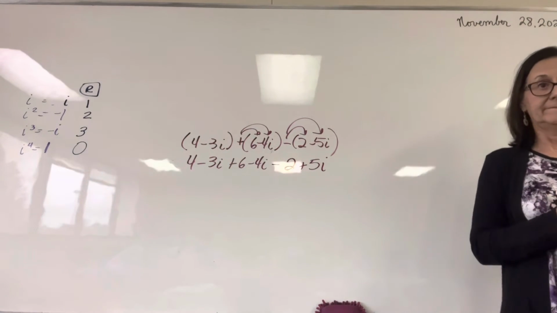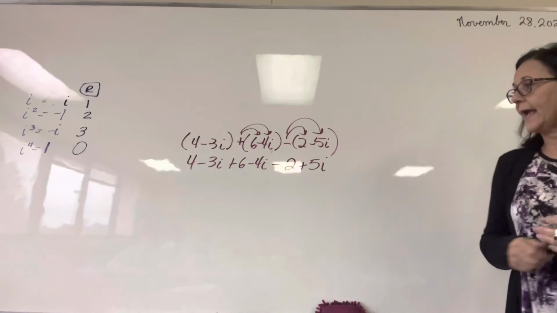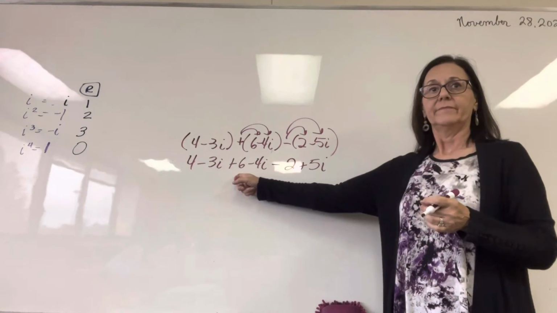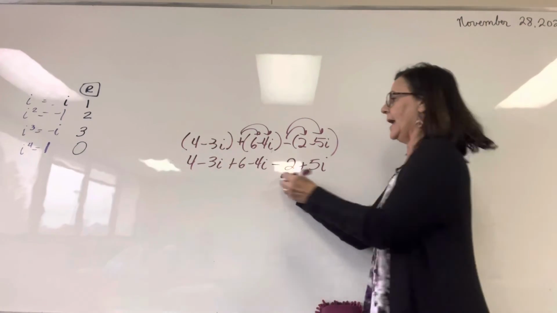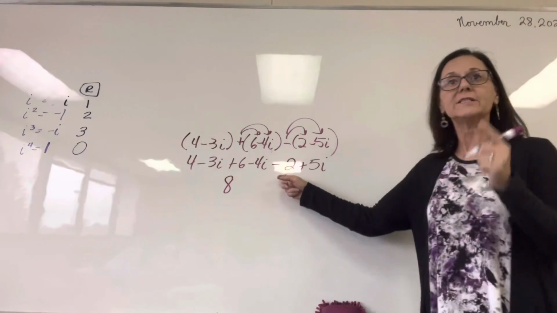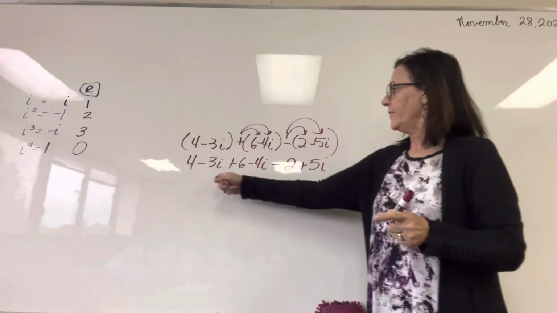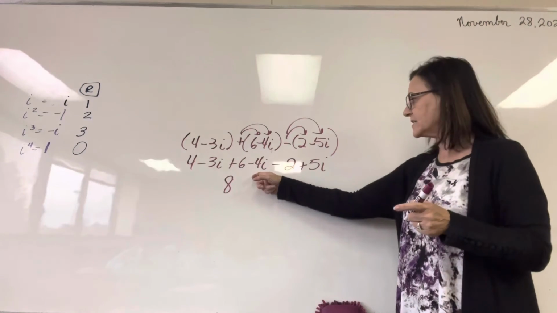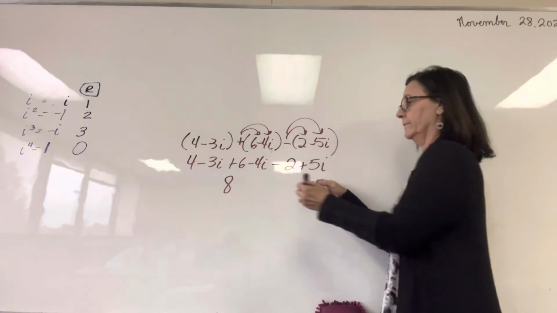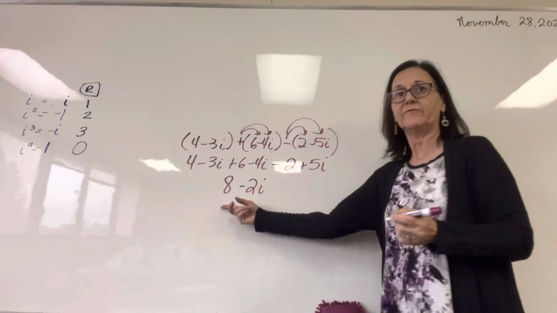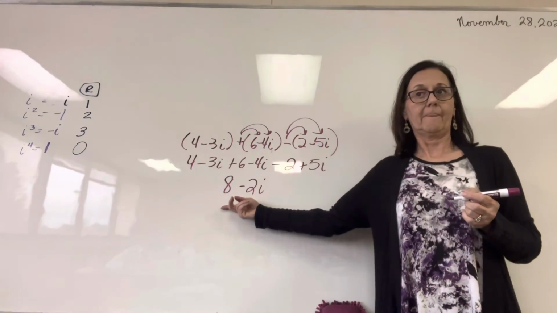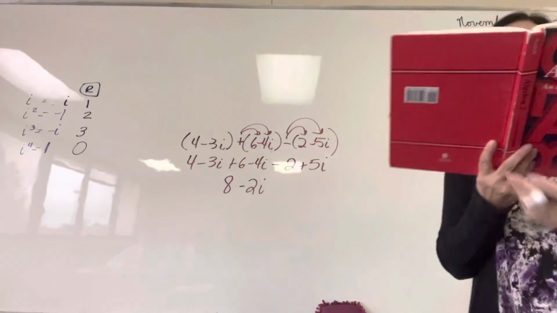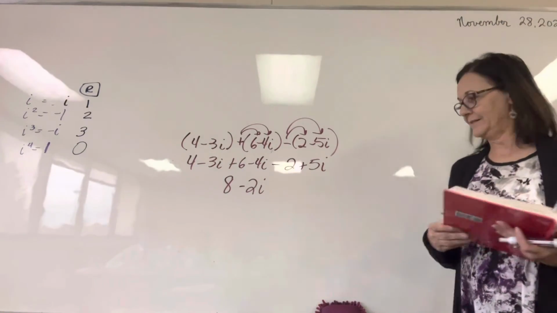Got it? I add my real. 4 plus 6 is 10, minus 2, 8. That's my real part. Real always goes first. Then negative 3i minus 4i is negative 7i, negative 7i plus 5i, negative 2i. That's the final simplification. Make sense so far? Those are the easiest ones.